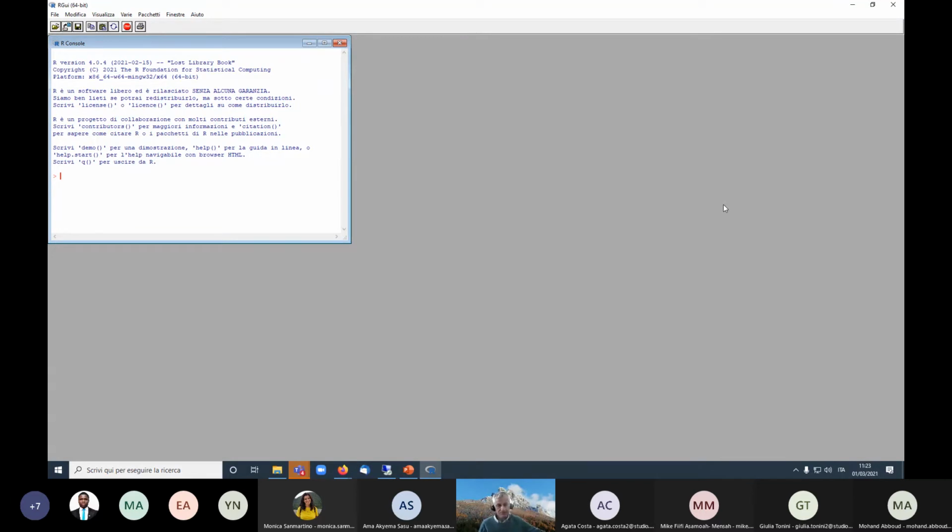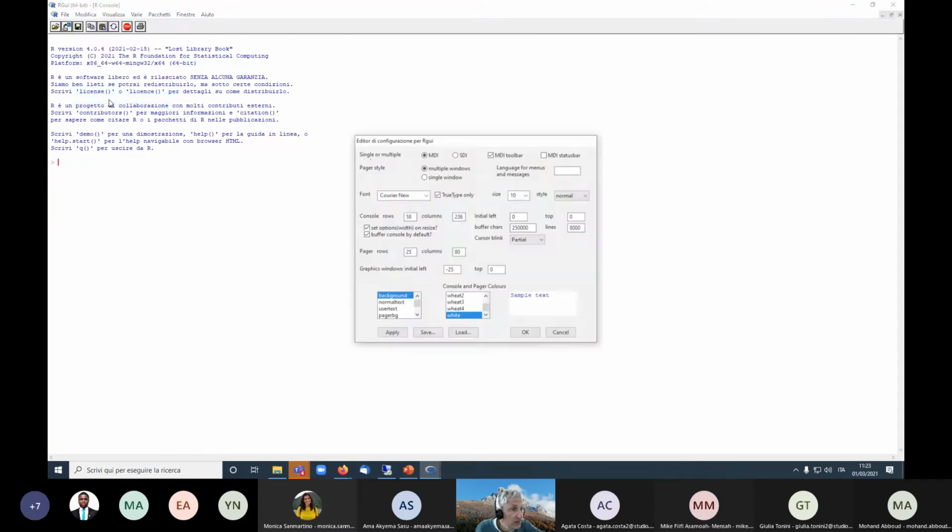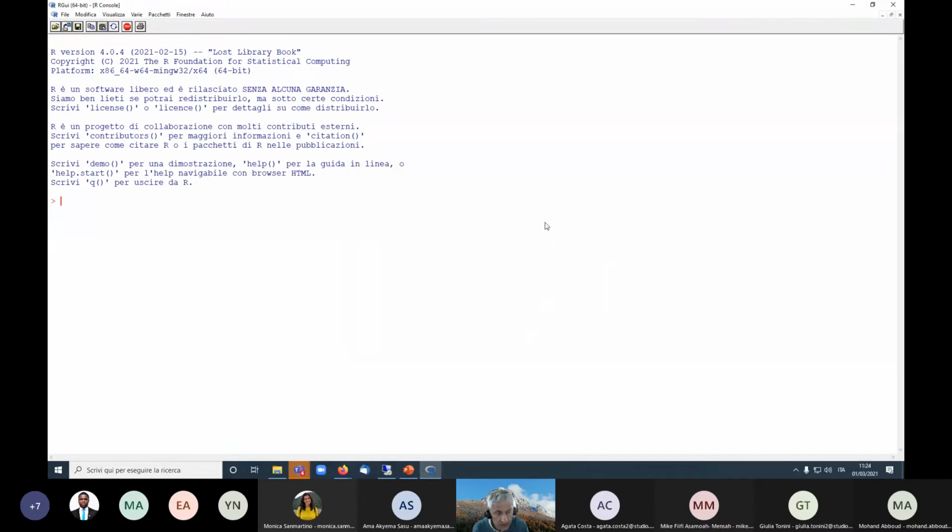Now, I wonder whether you are in line with me. Any problem? So if you have this window open and you see my screen, we can maximize it. And let me also increase the font. I think it is here under preferences and, yeah, size. I put 14. Okay.